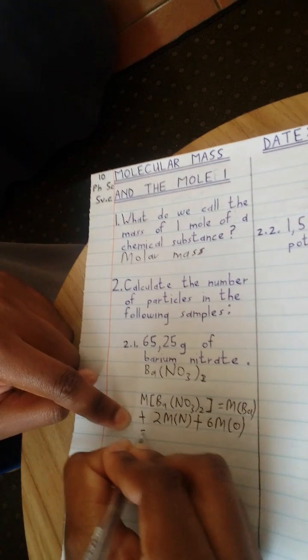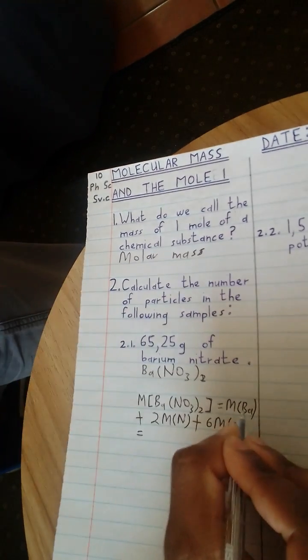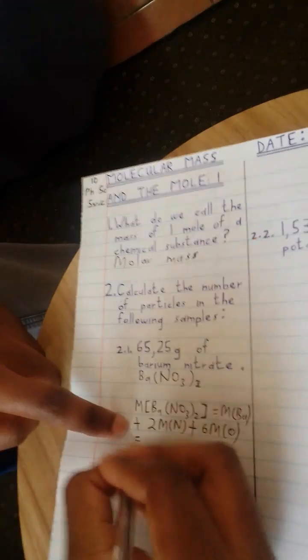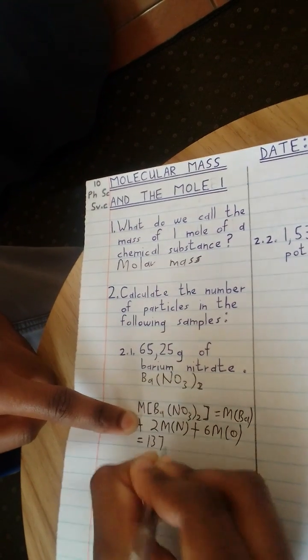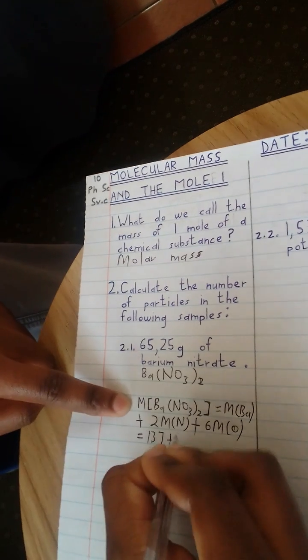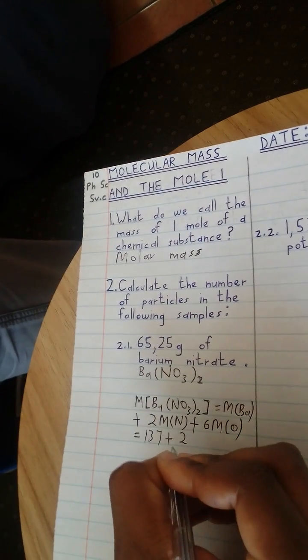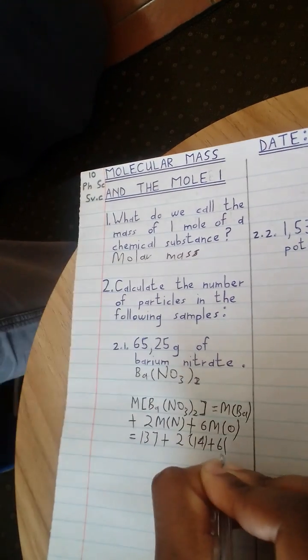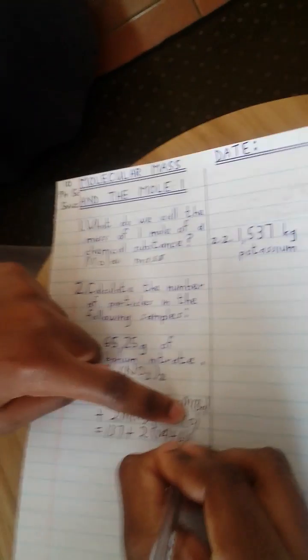What is the molar mass of barium? The molar mass of barium is 137 plus 2 times the molar mass of nitrogen, 14, plus 6 times the molar mass of oxygen, 16.